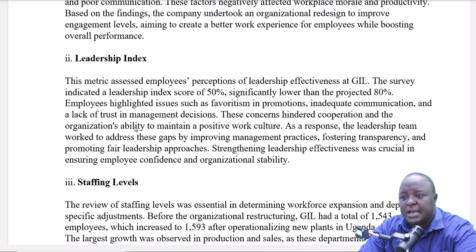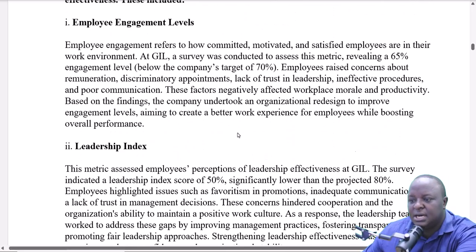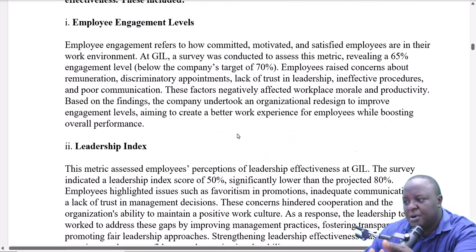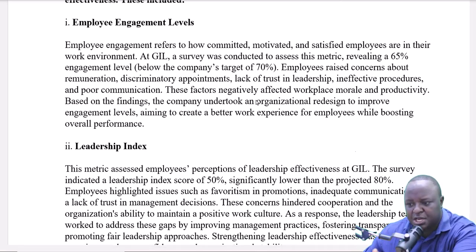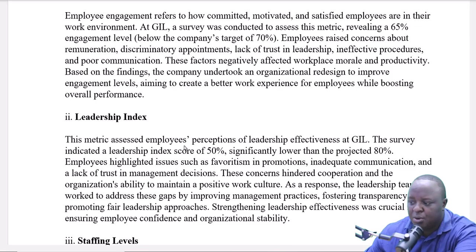From the point we mentioned under employee engagement level, one of the factors was lack of trust in leadership. And now, with the leadership index, the score is 50%, whereas the projected score for the organization is 80%.